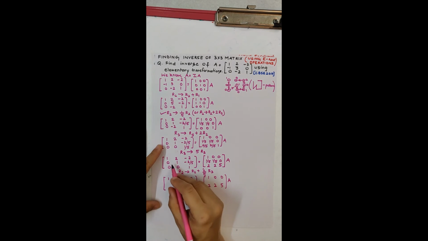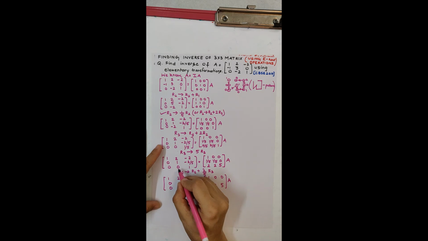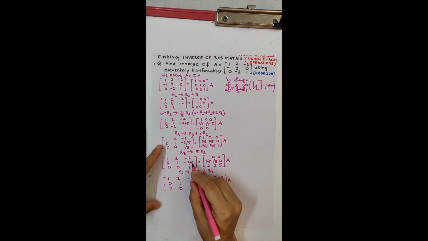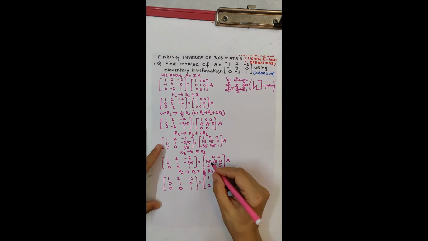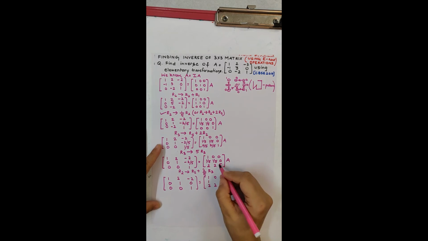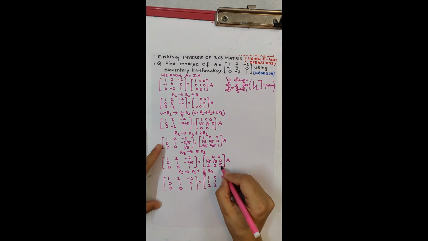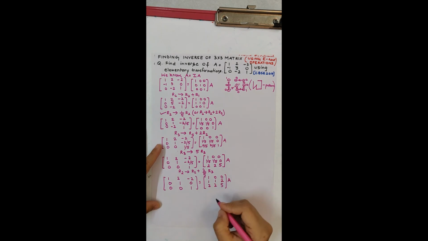So it's 0 plus 2 by 5 times 0, so that's 0, 1 plus 2 by 5 times 0, so that's 1, and minus 2 by 5 plus 2 by 5, so that will be equal to 0. Here it's 1 by 5 plus 4 by 5, that's 1, and 0 plus 2 by 5 into 5, so 0 plus 2, this entry will be equal to 2.